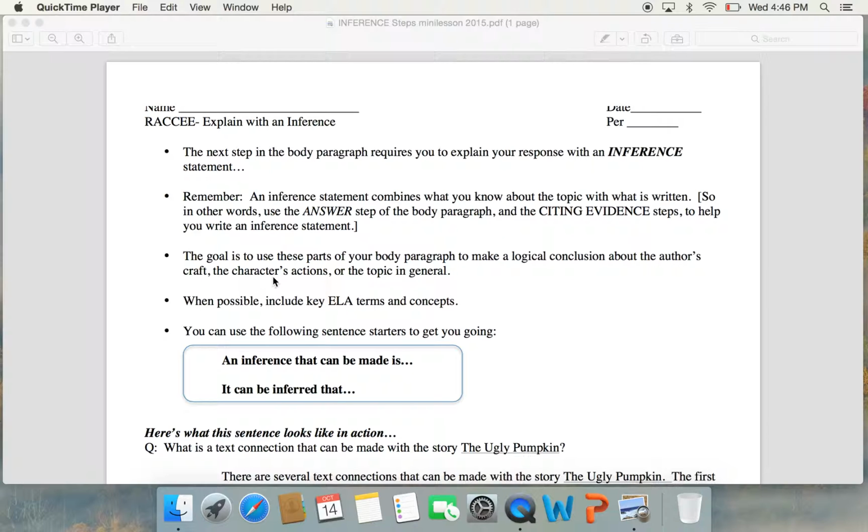So you could focus on the author's craft for your inference statement, or possibly you might want to lean towards maybe a main character's actions, whether it be the protagonist or the antagonist. Maybe most of your response to the essay question in the body paragraph you're writing has to do with the character's actions. 9 out of 10 times you're going to be mentioning a character of some sort in that particular story.